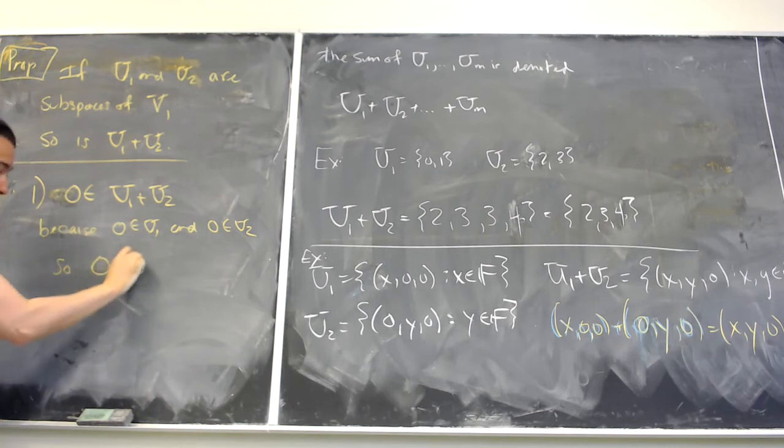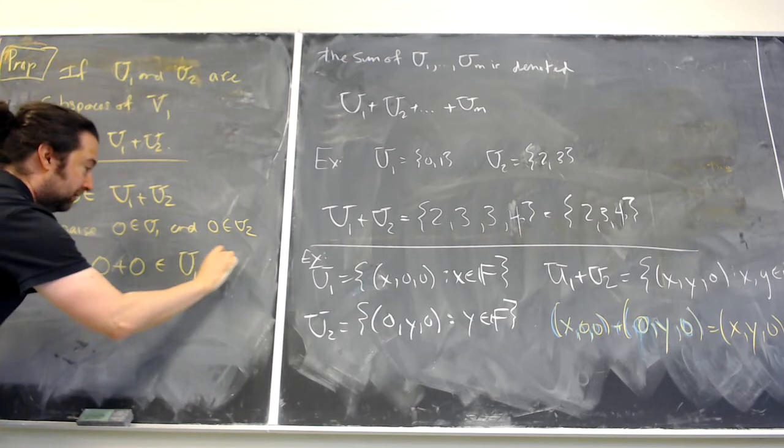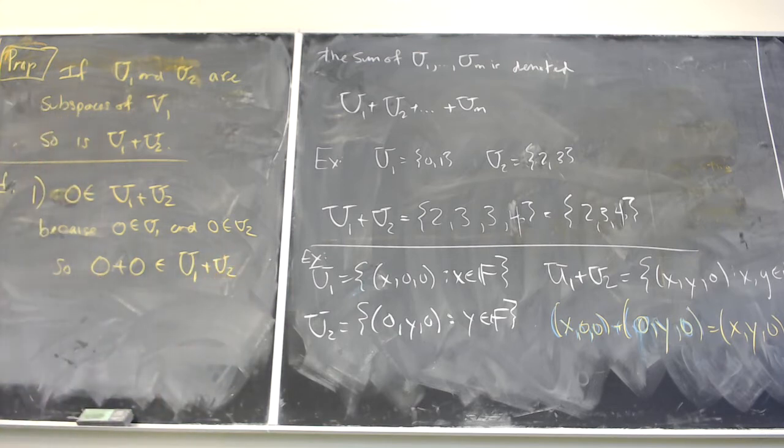So 0 plus 0 is in U1 plus U2. Why is 0 in U1 and U2? They're subspaces, right? So it's kind of a two-way door. On the one hand, 0 is in these guys, and so therefore the sum must be in the sum.